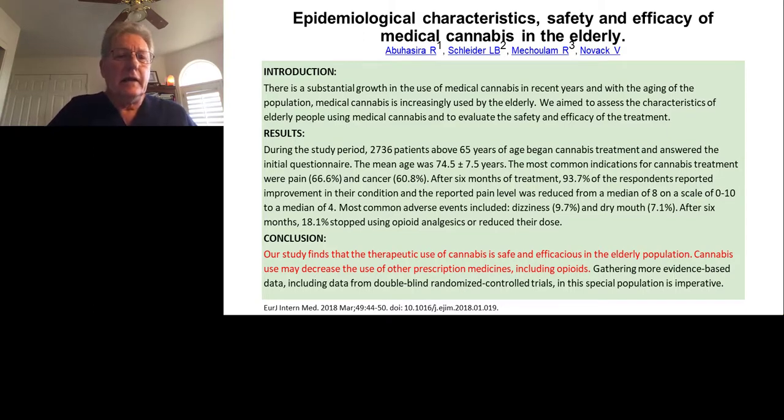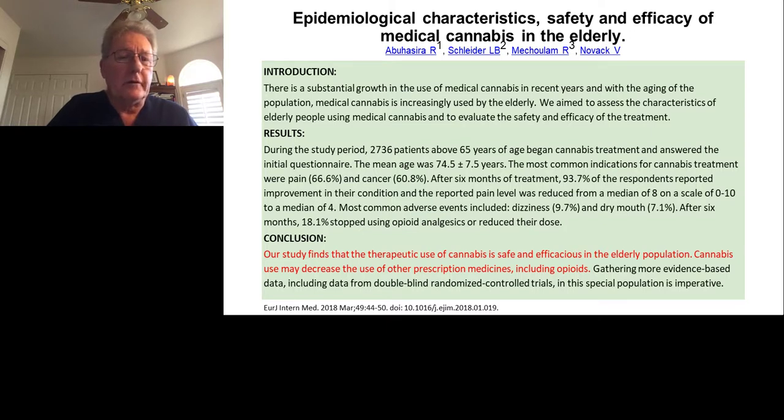This is a study looking at almost 3,000 patients, all above 65 years old, with a mean average age of 74.5, with pain and cancer. They looked at how the respondents improved in their condition after 6 months of cannabis use, which is profound.